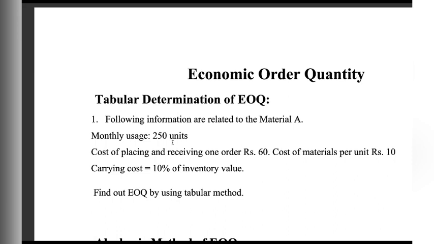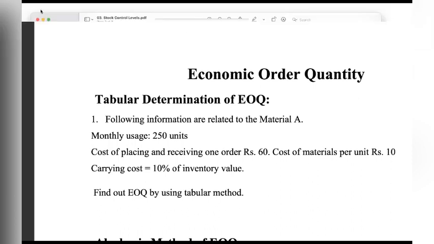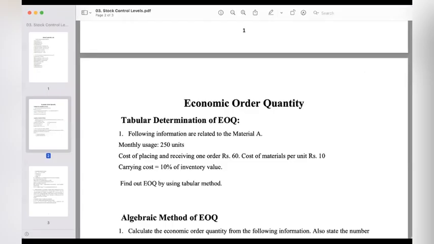The following information is related to a material A: monthly usage 250 units, cost of placing and receiving one order is 60 rupees, cost of materials per unit is 10, carrying cost 10% of inventory value. Find EOQ using the tabular method. Okay, now take a pen and paper and do this with me. I will open an Excel sheet, then it will be easy for me to explain this to you all.